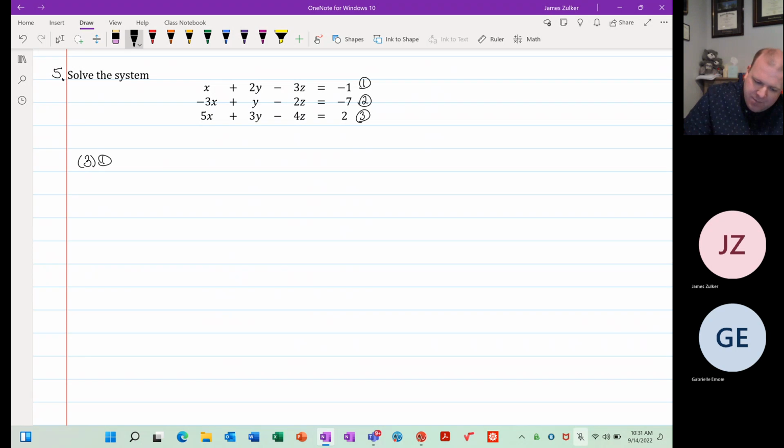Let's do 3 times equation 1 plus equation 2. That'll get rid of those. 7y minus 11z equals -10.